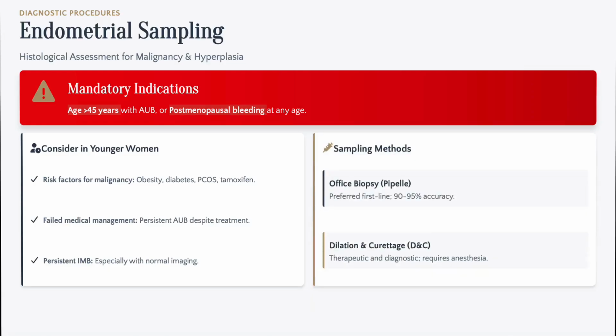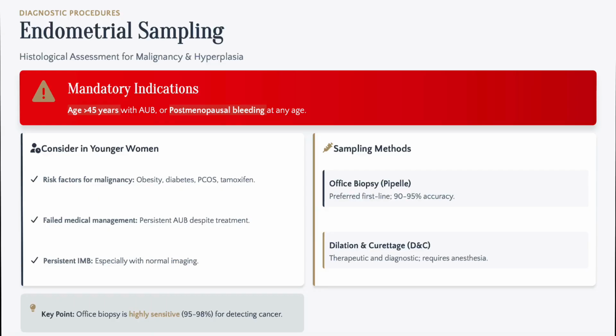And how do you do the sampling? You can use office biopsy with Pipelle, which is the preferred method in the majority of cases, but you can also use dilatation and curettage. It is therapeutic and also diagnostic at the same time, but the problem is it requires anesthesia.